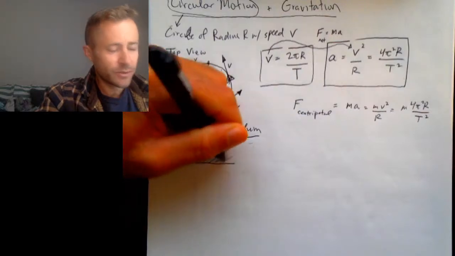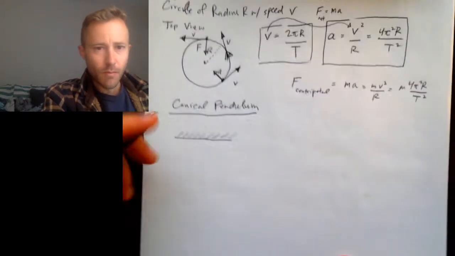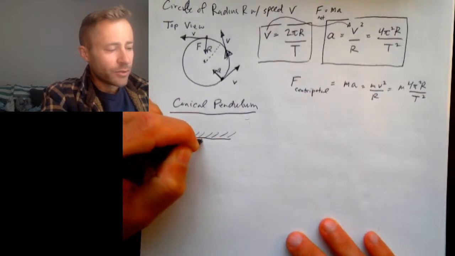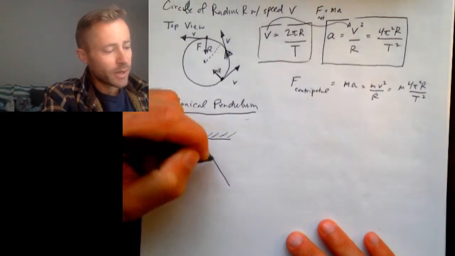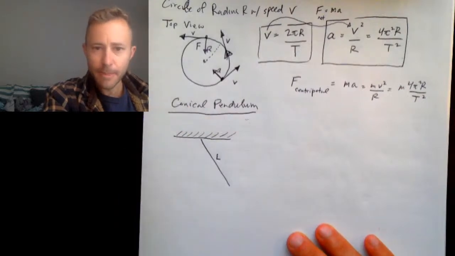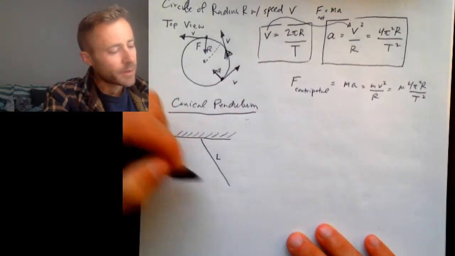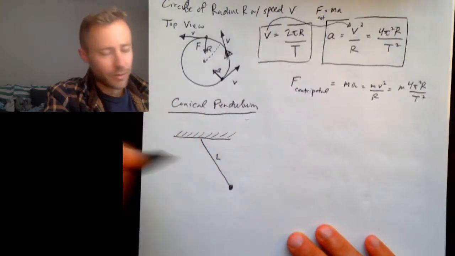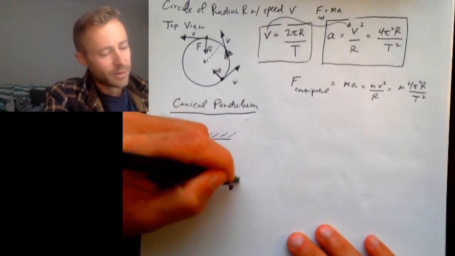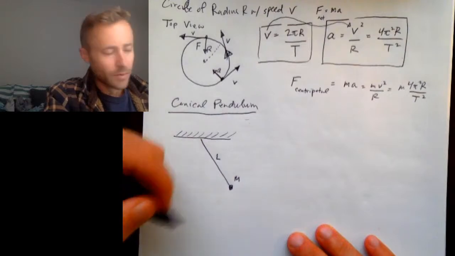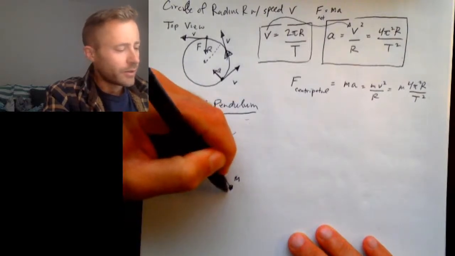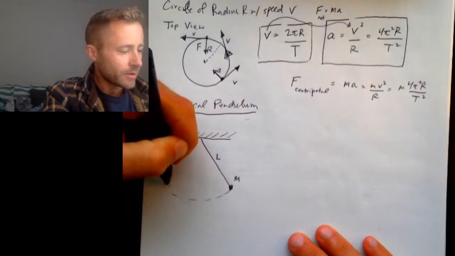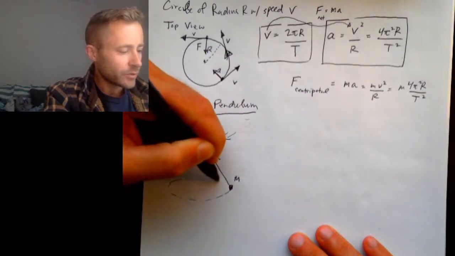So you have a ceiling, and then you have a string that has a length L, and then you have a pendulum bob at the end of the string. It has a mass M, and it's going around in a circle.